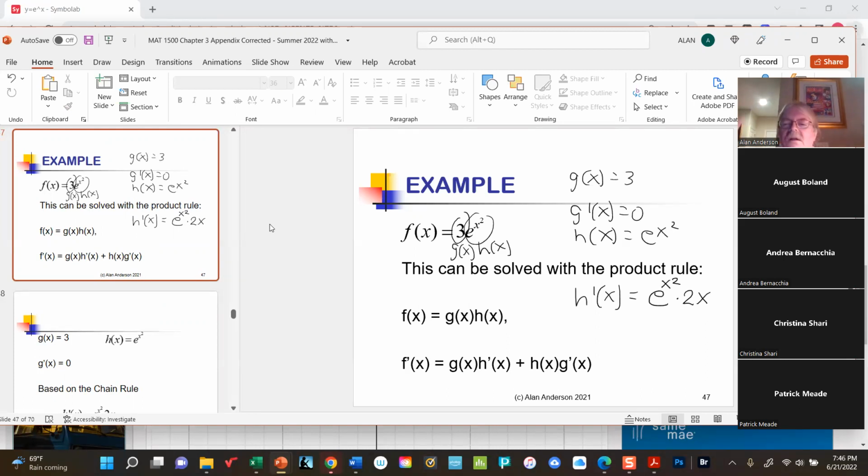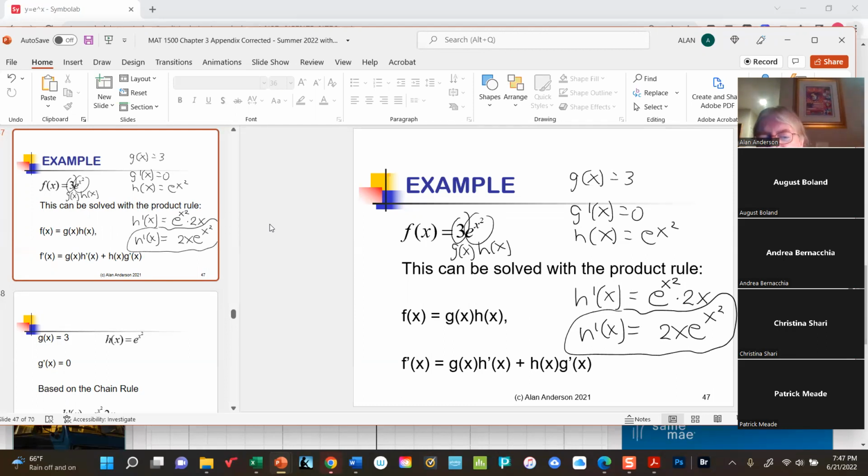Okay, so in other words, because e is raised to the x squared power, by the chain rule, when we differentiate it, we'll have e to the x squared again, but now we're multiplying it by the derivative of that exponent, which is 2x, or some people would say, well, let's rewrite it like this. Not that it matters, but some people are perfectionists. And I guess you can see it does look kind of nice. So then, we still aren't done because we still have to plug all these results into the product rule formula.